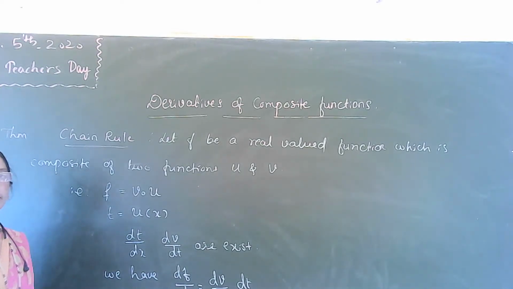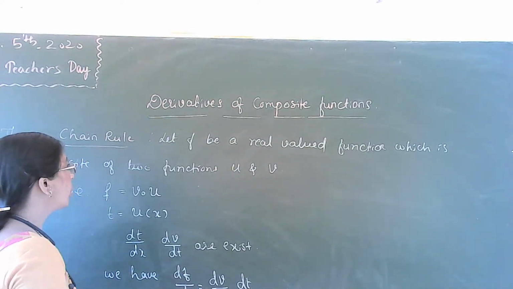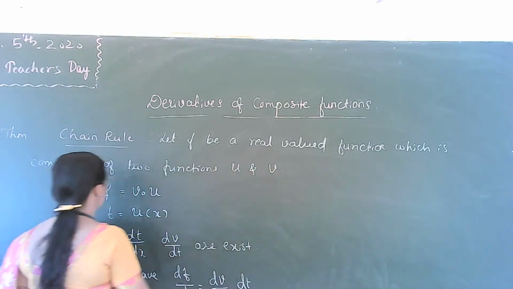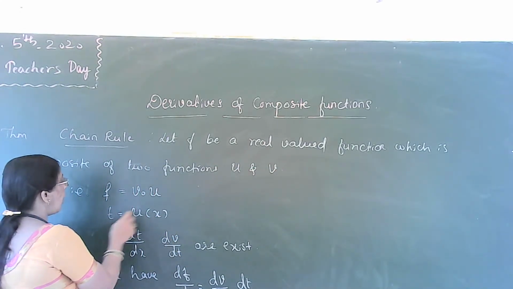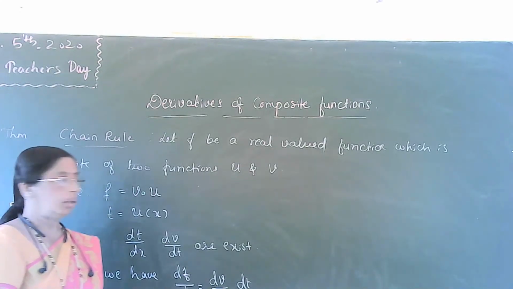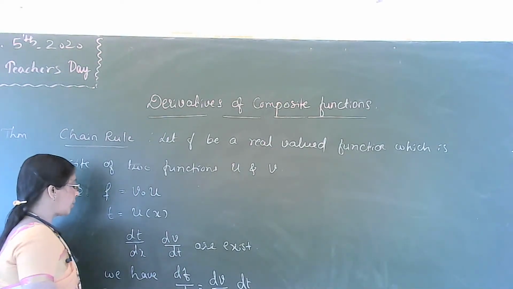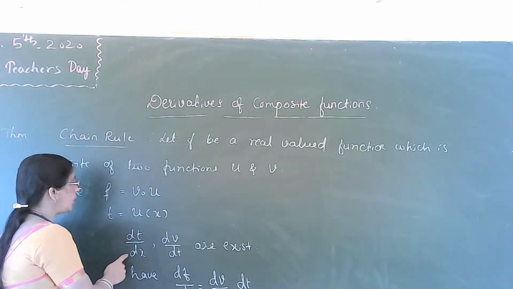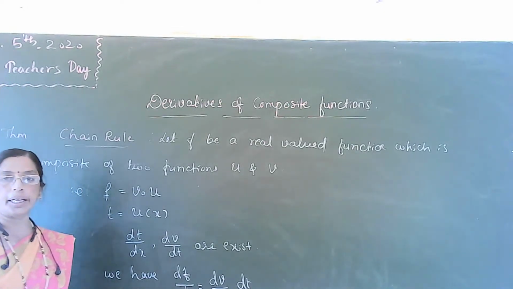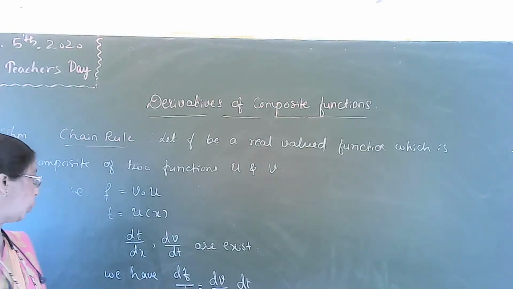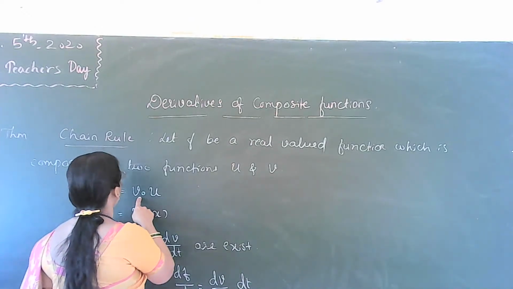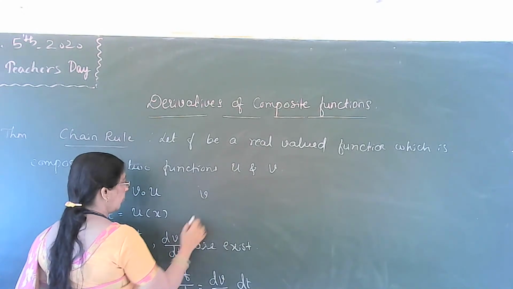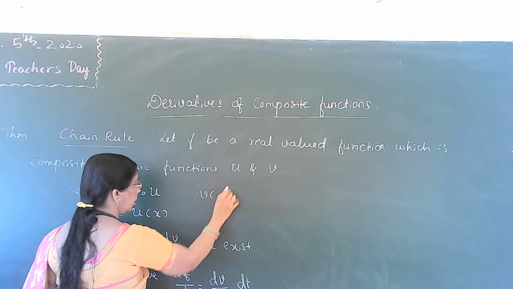Here f is a composite function of two functions u and v. Here t is u of x. We take t is equal to u of x. Then dt by dx means we are finding the derivative of t with respect to x, and finding the derivative of v with respect to t.